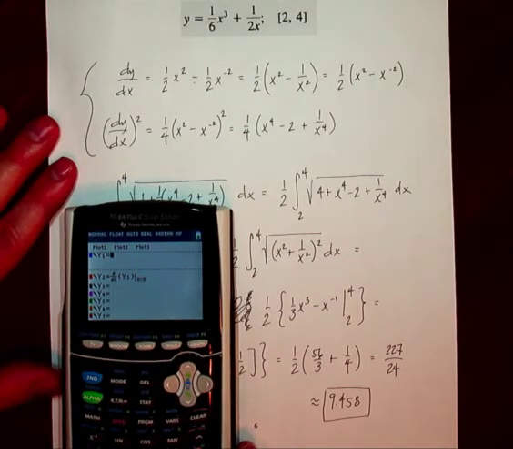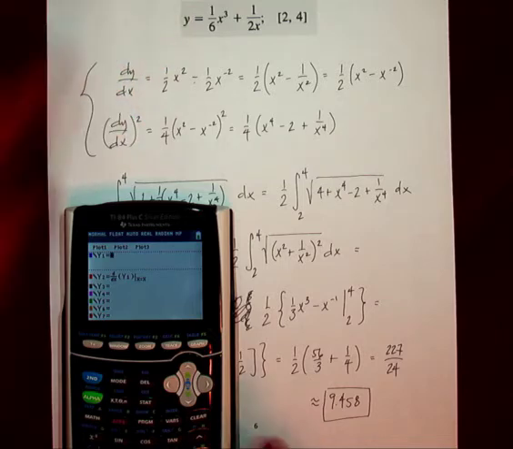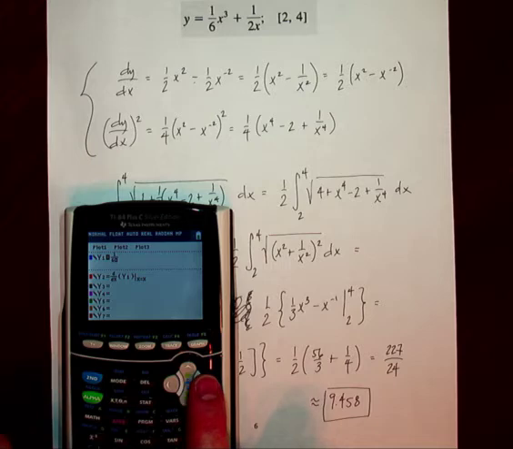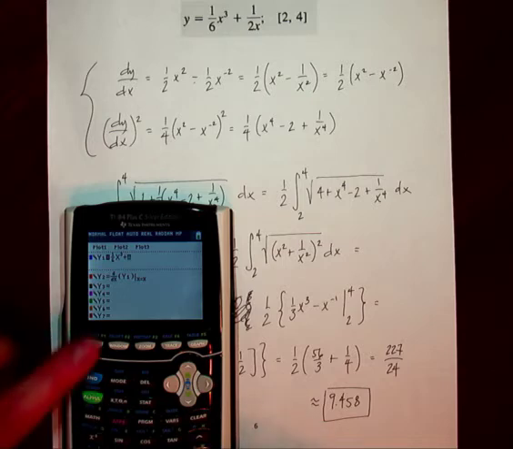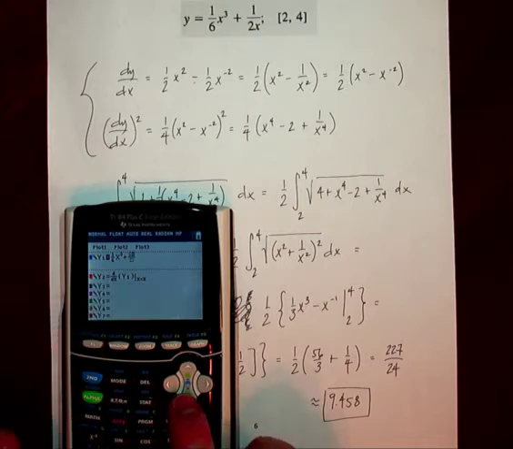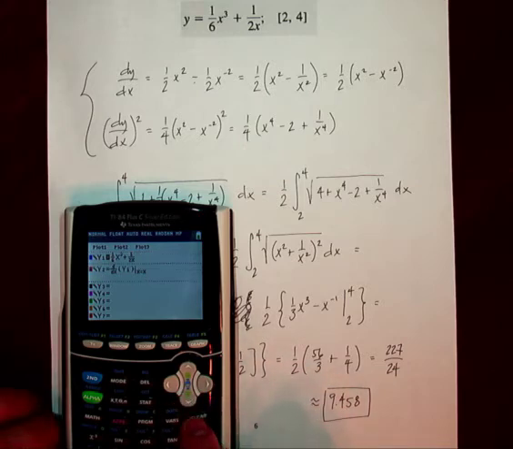Now, this, of course, is going to be my y1. So let's go ahead and replicate that. 1 over 6 x to the 3rd plus, let's go ahead and do 1 over 2x. Now, I'm going to go ahead and delete this right here, but remember that your calculator does integrals, but it also does derivatives at particular values. But here's the thing.